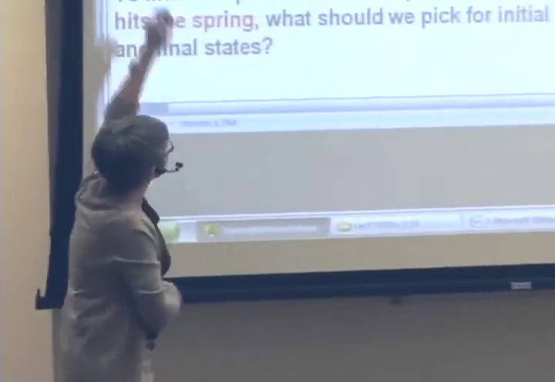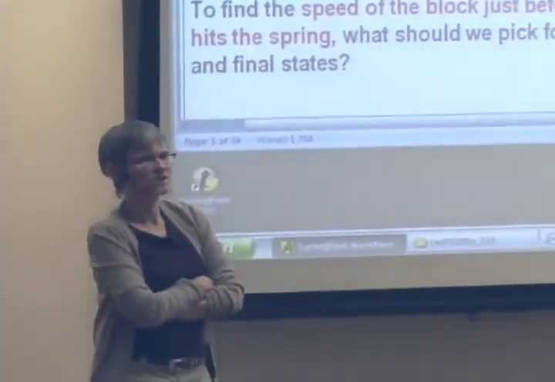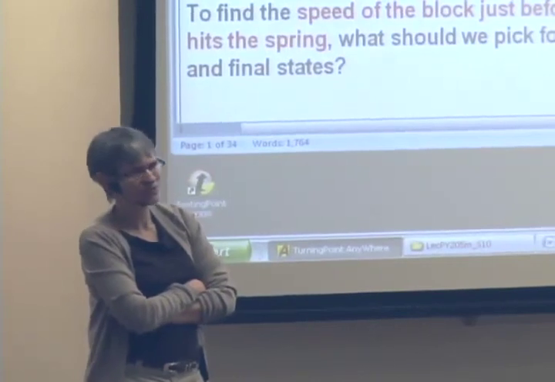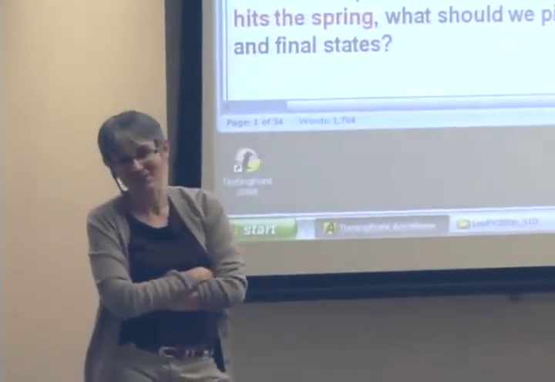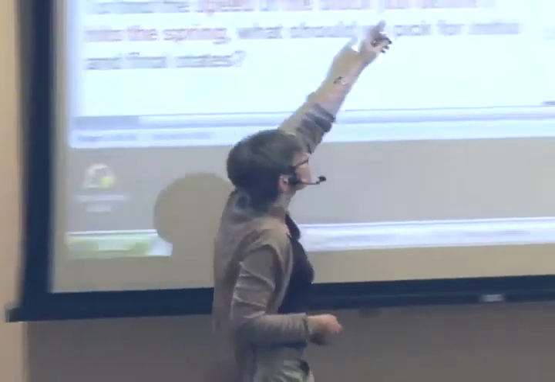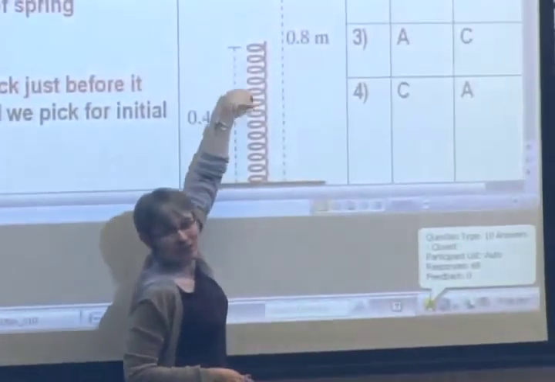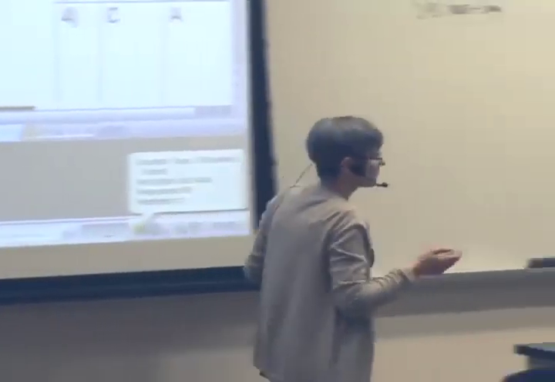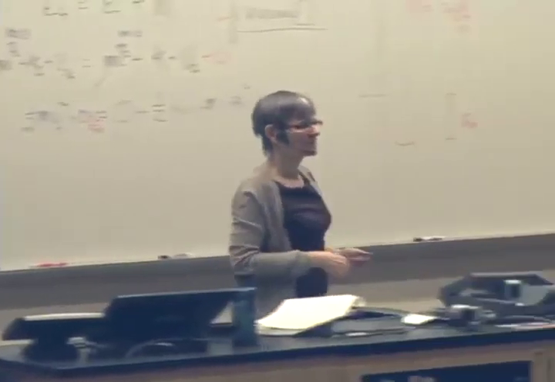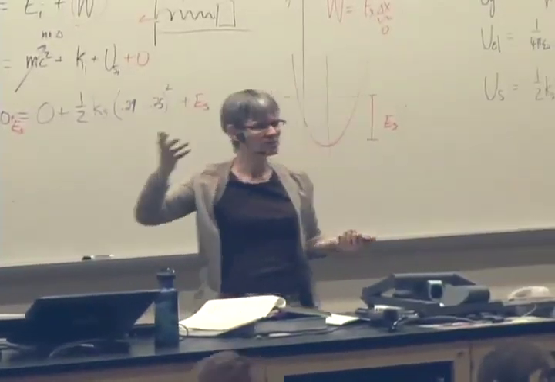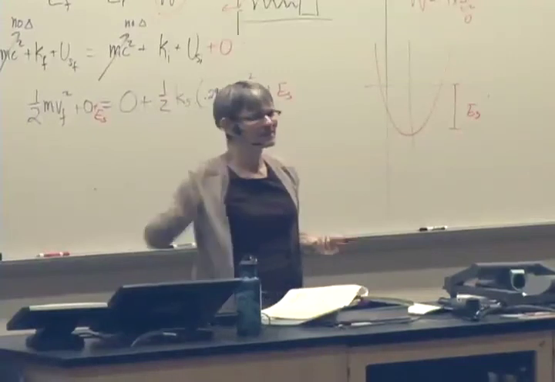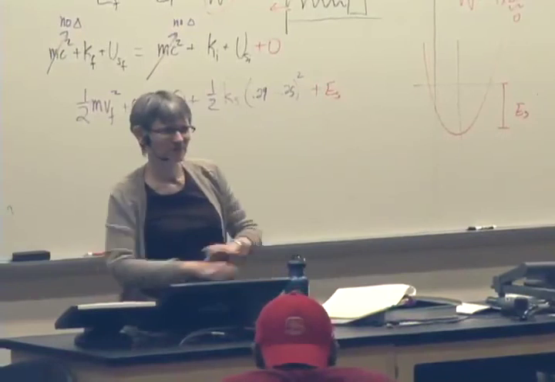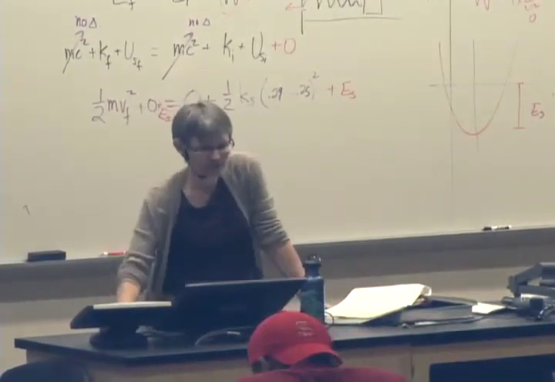We could, in fact, just take A and C, because we don't need to know what happened in between. It's only the initial and final states that matter. So we could find how fast it's moving here and then go from there to there, but we don't have to. This is called path independence. Potential energy depends only on position, not on how you got there. So I suggest that you study that example in the book.